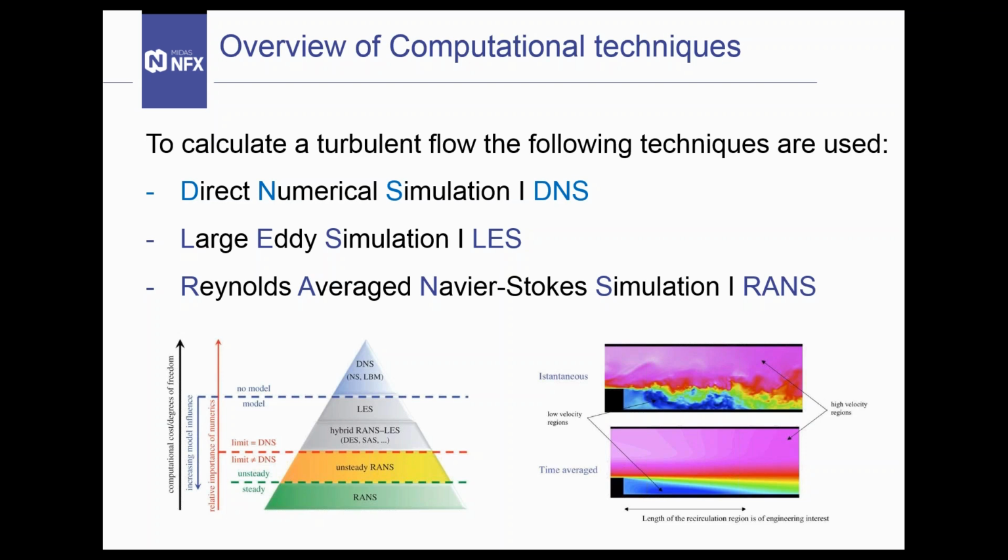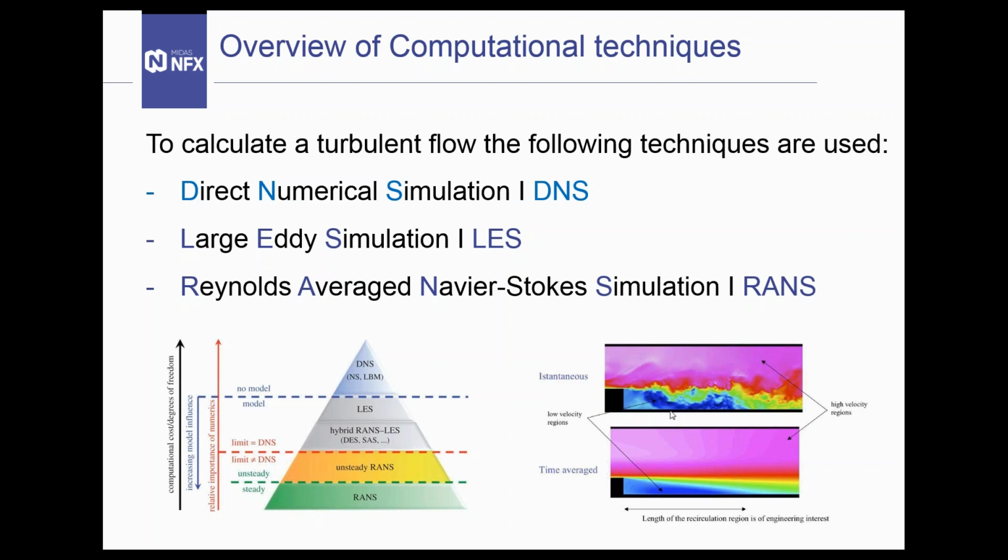The difference in solution timing is like the following. If the RANS algorithm needs 40 seconds to solve some CFD turbulence problem, DNS uses 10 to the power of 12 seconds. I haven't converted those data, but the difference is huge. We are comparing 40 seconds to 10 to the power of 12 seconds.